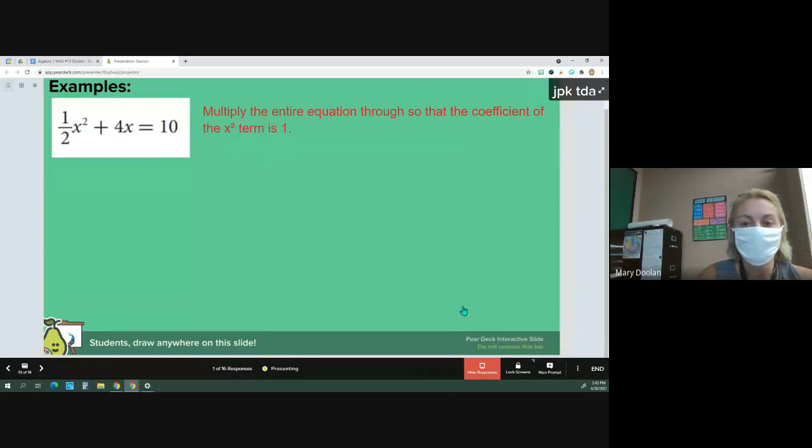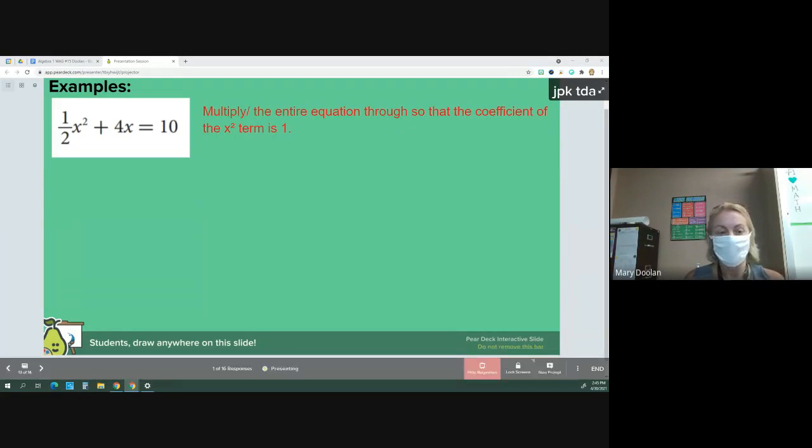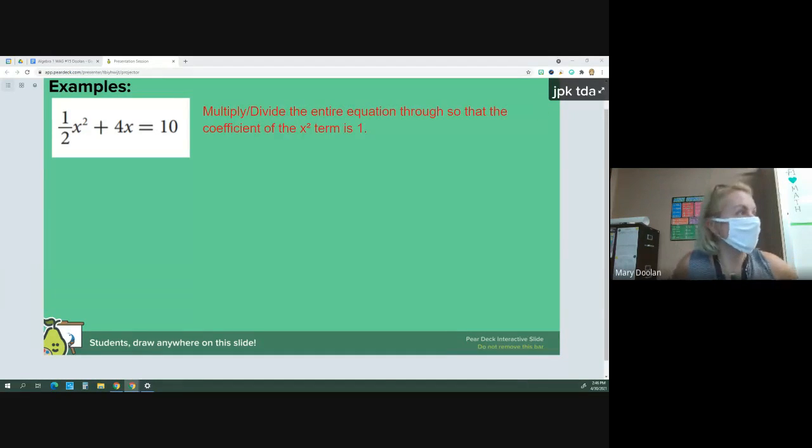So we're going to multiply this entire equation through, or divide, depending on what number you have there. If it was a whole number, you would divide everything by that whole number. If you have a fraction, you would multiply by the reciprocal.